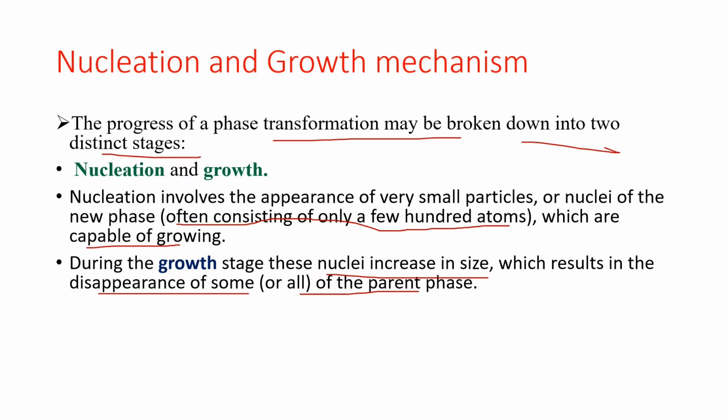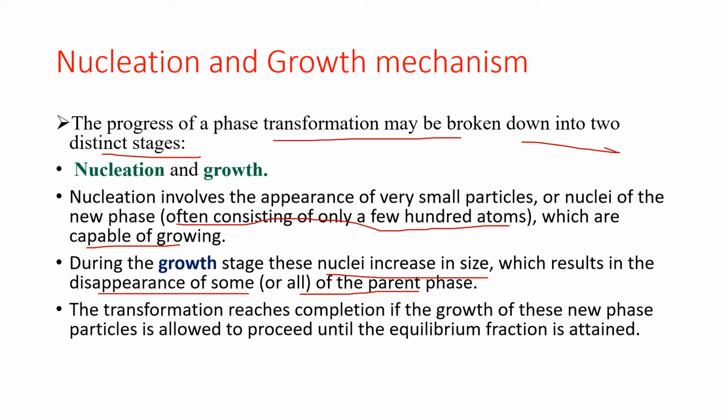This reaction was also studied previously in the iron carbide diagram, in which the structural, physical and chemical properties of cementite are different from the austenite region. The transformation reaches completion if the growth of these new phase particles is allowed to proceed until equilibrium fraction is attained.